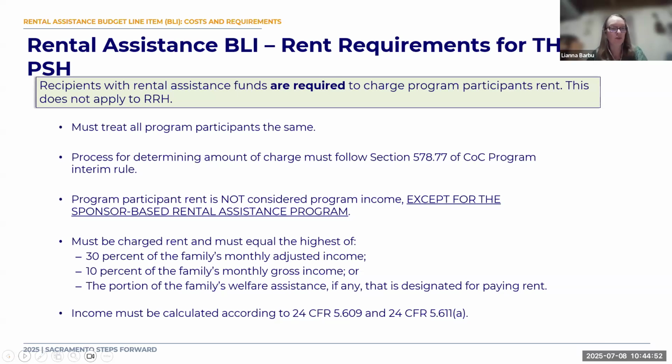And again, the portion of the family's welfare assistance really is applicable just in very, very few situations, and it is no longer really used. The calculation of the income, as I mentioned before, and the details on what are the inclusions and exclusions will be discussed in our next training. Next slide, please.